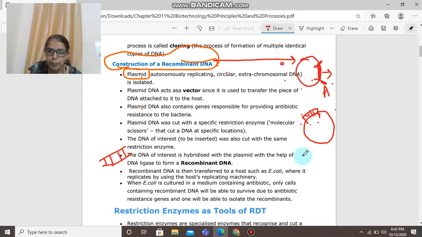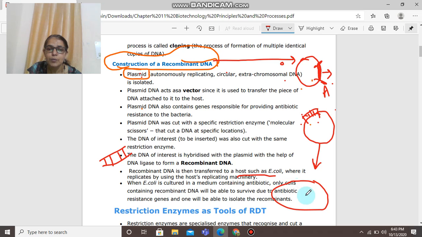This recombinant DNA is then transferred into the host such as E. coli. This is the recombinant DNA. Now in the next step, this is the E. coli bacteria. This recombinant DNA will be introduced in this kind of bacteria. Why is it introduced in the bacteria? Because bacteria multiply at a very fast rate. So the number of times the bacteria multiply, in the same way this recombinant DNA will also multiply.